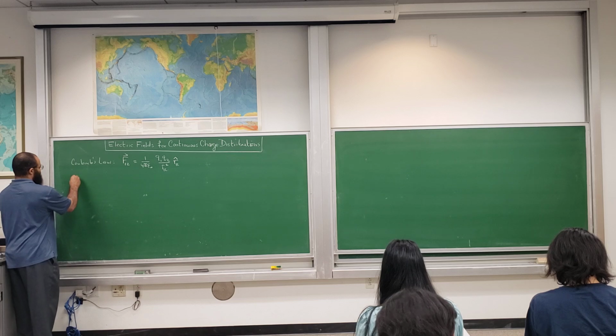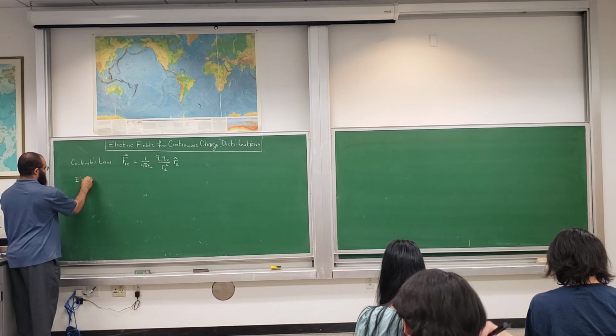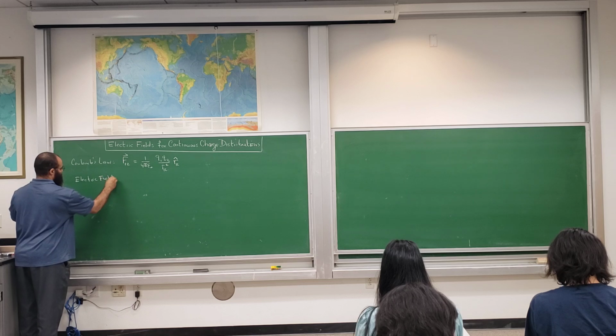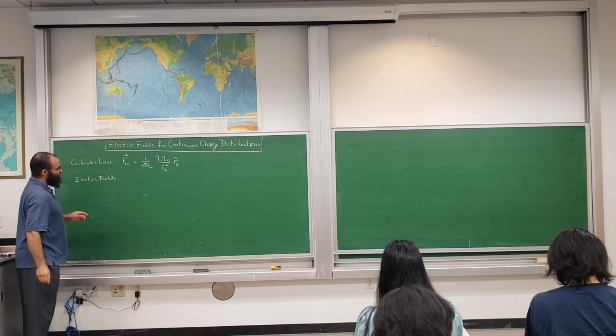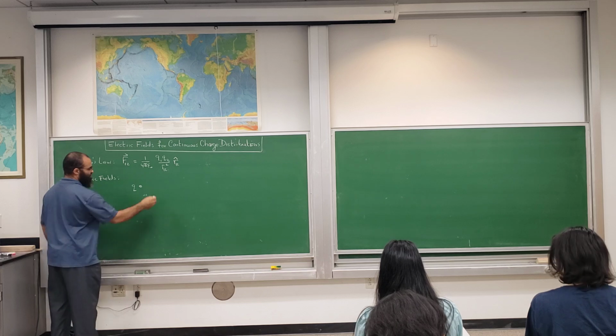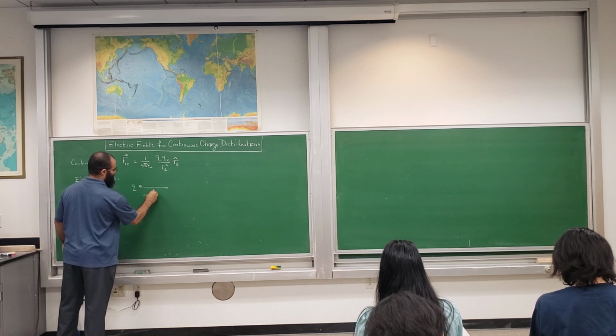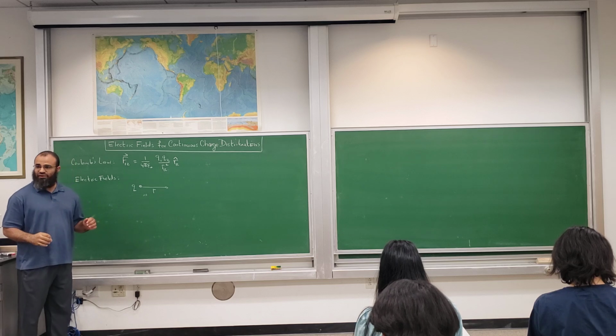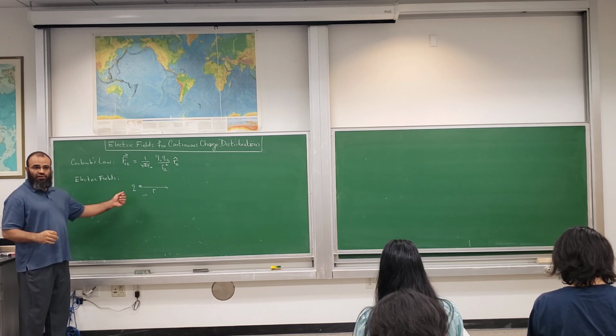So electric fields. If you just have a charge Q here, and you're at a distance r away from it, it will produce an electric field away from itself if it's positive.